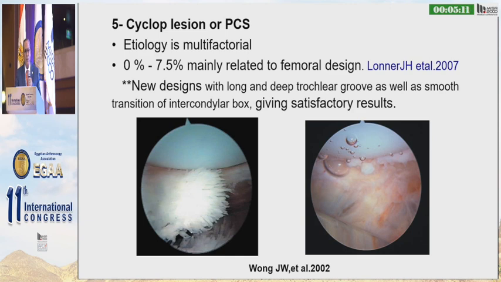Now, number 5, the cyclops lesion, or famous as patellar clunk syndrome. Etiology is multifactorial. 0% to 7.5%, mainly related to femoral design. New designs are giving us satisfactory results.